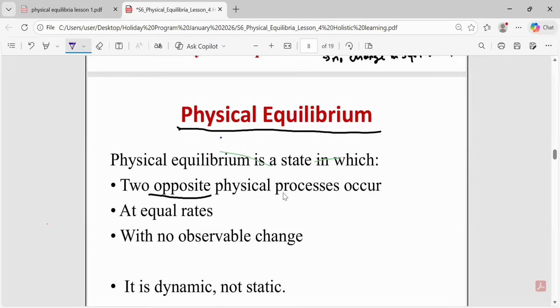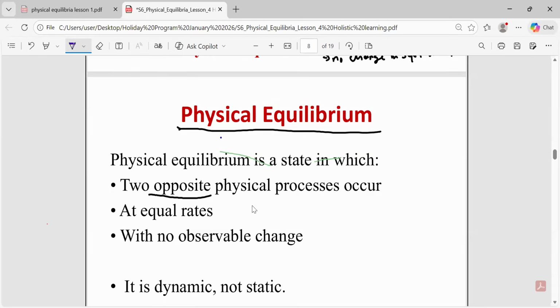Have you seen those? So in simple terms, can we generate that definition? From what they have been giving us, do you see that it is correlating to the pictures we have already seen? That in physical equilibrium, we have two opposite physical processes.